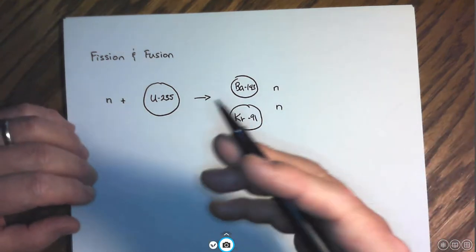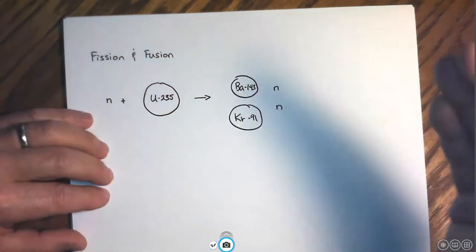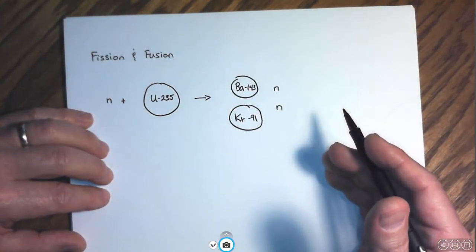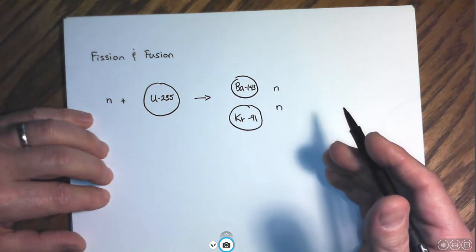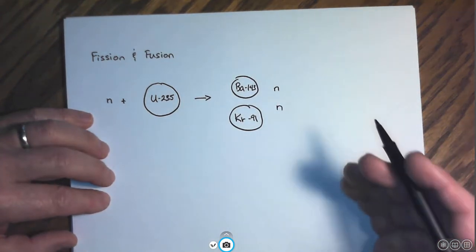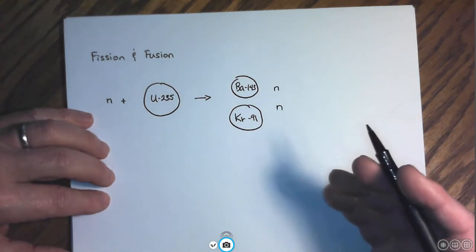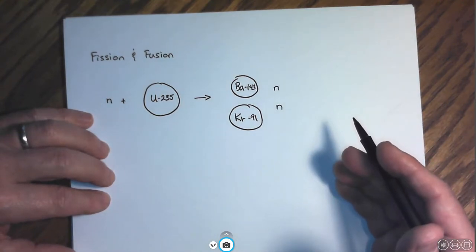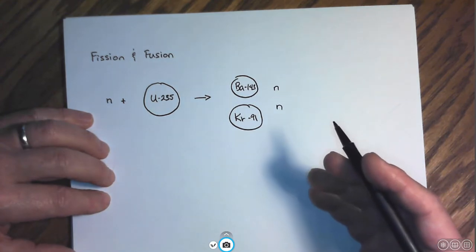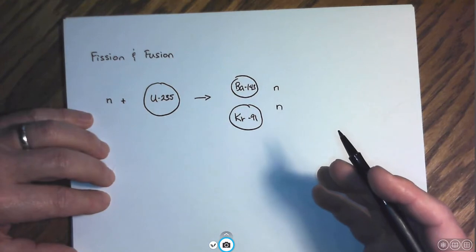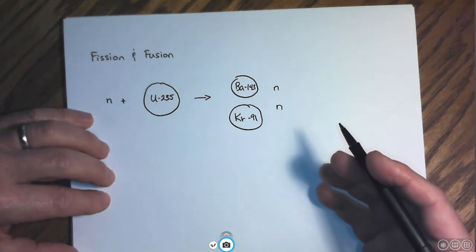Okay? And if you have this cycle continuing, and it happens really, really fast, you have what's called a chain reaction. If you have a chain reaction, you have what's necessary to create enough heat to power a nuclear power plant. If you were to cause it to happen fast enough, you'd have enough reaction to create a bomb.